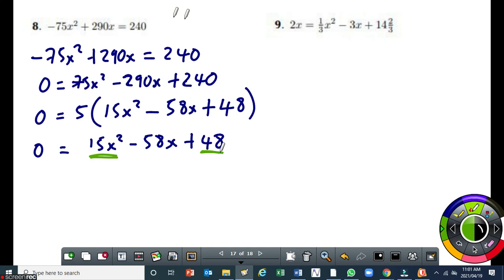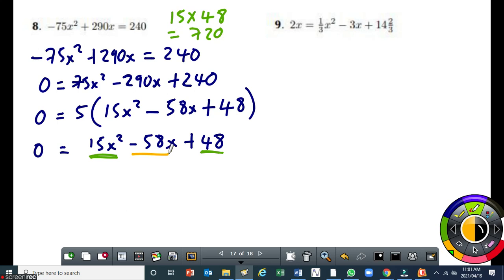So 15 times 48, if you use your calculator, 15 times 48 will give you 720. So we need to find two factors of 720 such that they add up to minus 58.